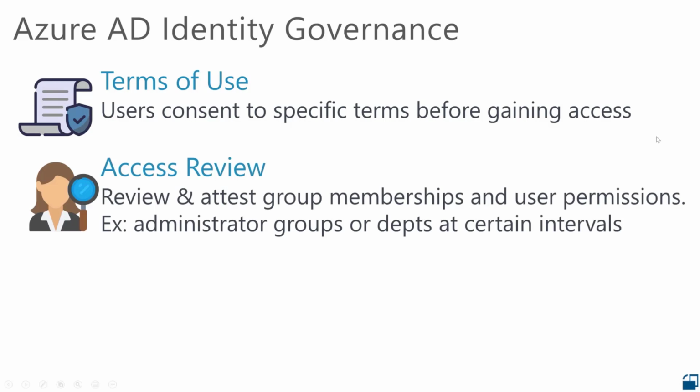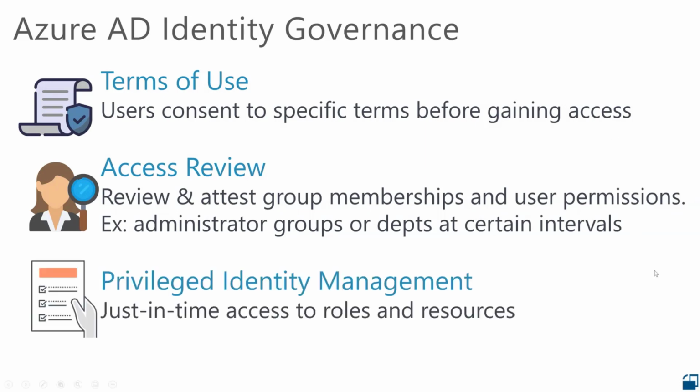There's also the notion of access reviews. The goal here is to find an issue before an auditor does. So you would periodically review your administrators or your sensitive groups at key points in time. And then the third thing we talked about earlier at the beginning of this conversation is PIM, getting just-in-time access to the Power BI administrator role, for instance, so that we reduce our risk of having too many full-time admins.